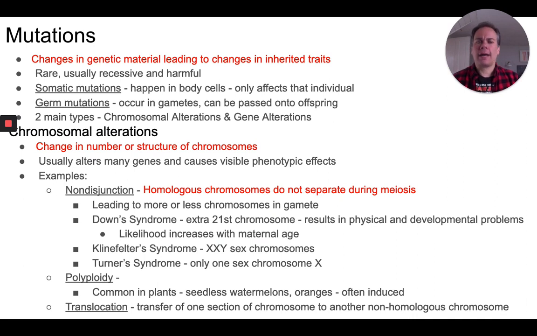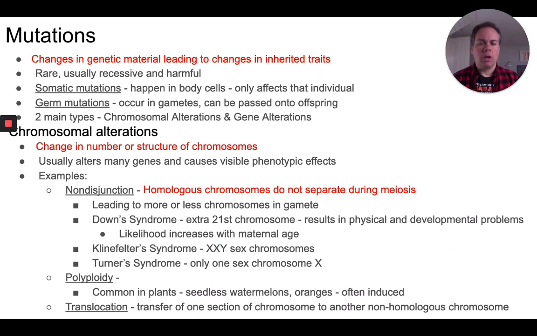By far the most common chromosome alteration that happens in humans is having an extra 21st chromosome. So when a person has an extra 21st chromosome, it's what is classified as Down syndrome. Okay? And having that extra chromosome results in several differences in physical and developmental areas that affect an individual.